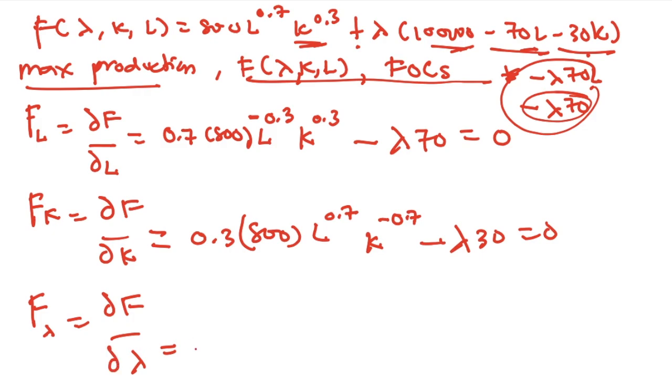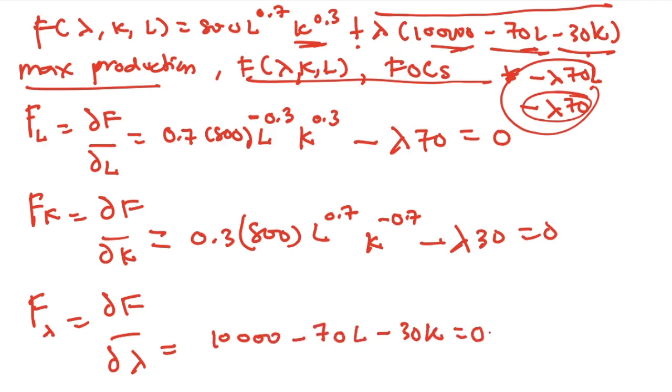Okay, so here you differentiate this bit. So here it becomes 100,000 minus 70 L minus 30 K equated to 0. So I number it. This is number 1, number 2, number 3.